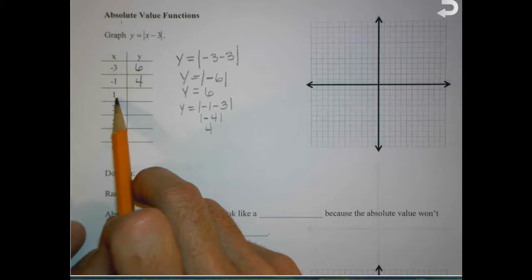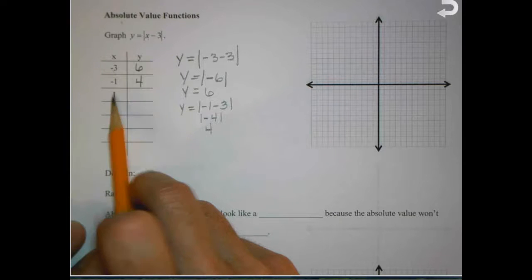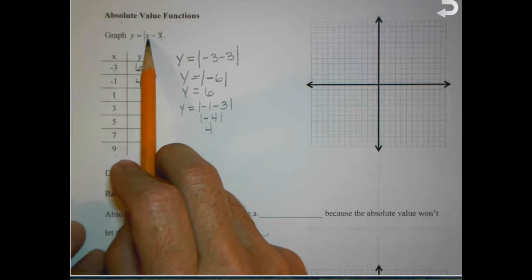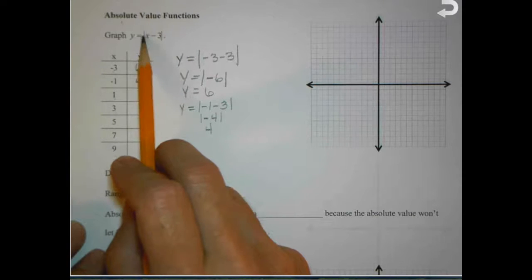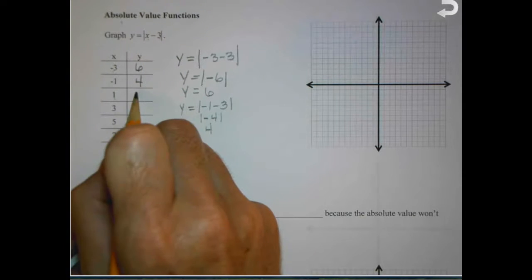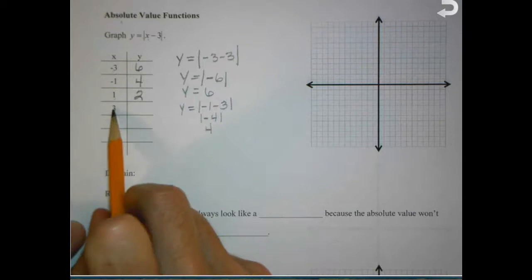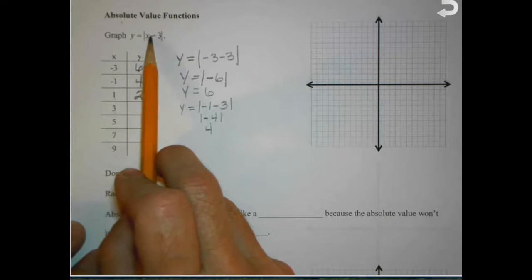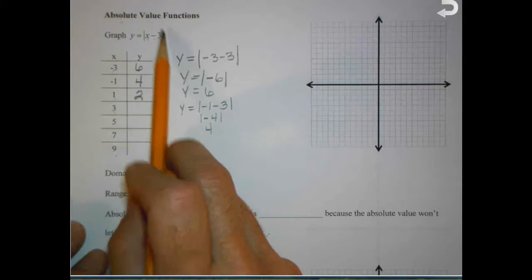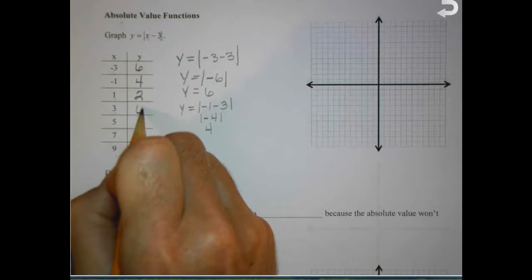Now I can go along this way in the same manner. If I plug in a 1 here for the x, I have 1 minus 3, which is -2. Take the absolute value, and -2 turns to a +2. If I put a 3 in for x, 3 minus 3 gives me 0. Take the absolute value, still 0.